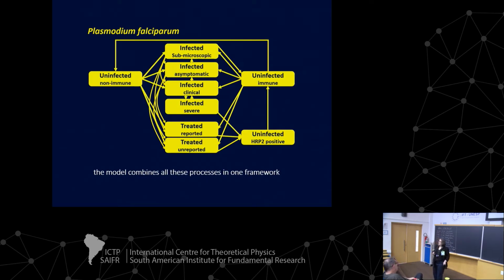So we need all of those processes. We need all of those hidden parts of the system because some of the interventions are going to act on these hidden parts as well as on the parts that we can see. And if you increase treatment, you're going to increase reported cases.